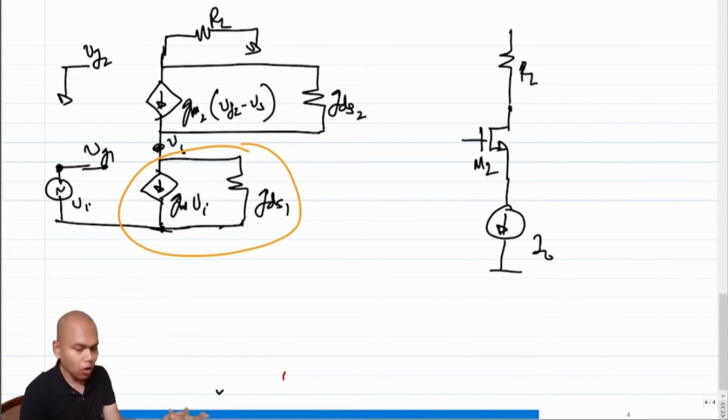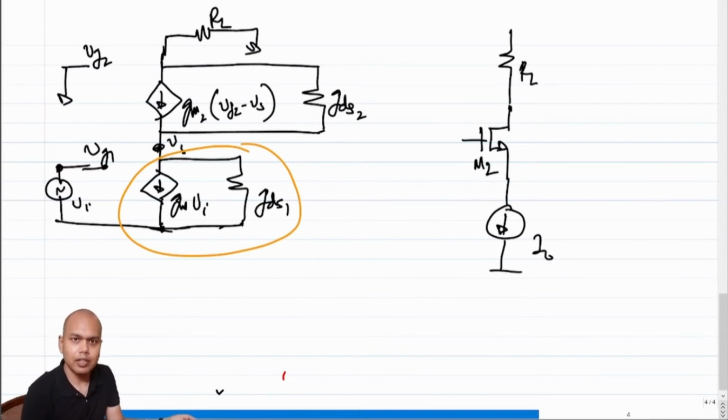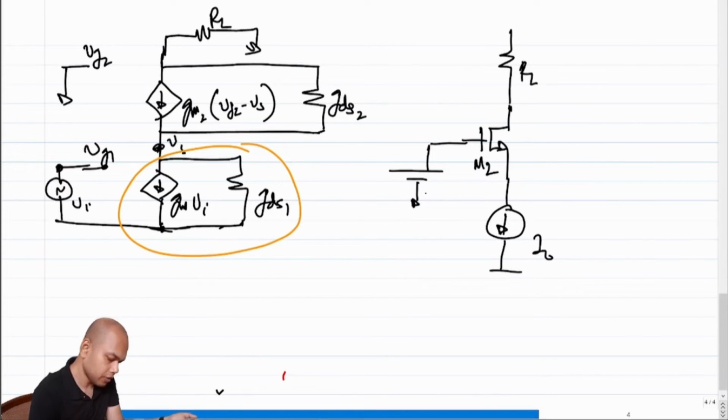Clearly, this will auto bias as long as we ensure that the gate of M2 is of certain value, correct? So we need to ensure that the gate of M2 is of some value VGQ2, right? And what will that value be?